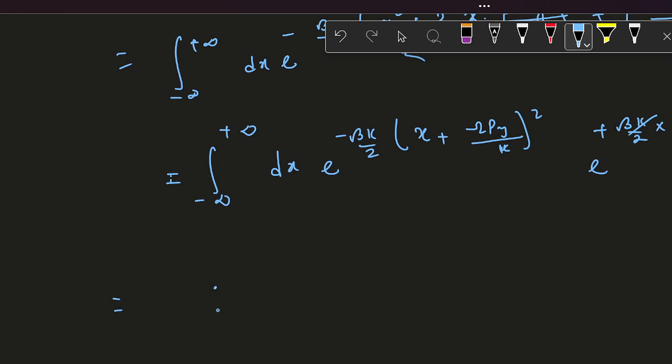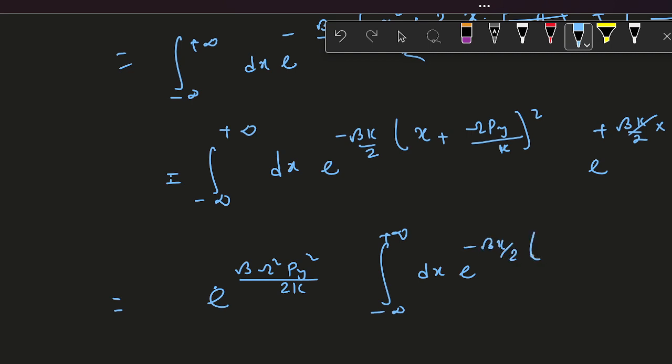Also look at this term: it is no longer dependent on x, so you can just take it outside the integral as a constant. So that's what we will do: e to the power beta omega squared py squared by 2k outside the integral, and inside the integral you have a total Gaussian type of structure again, x plus omega py by k whole squared.